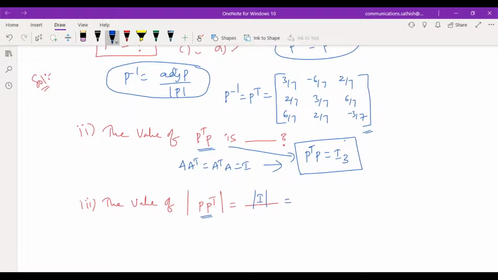The determinant of an identity matrix is nothing but 1 only. Remember your previous sessions: the determinant of an identity matrix is always equal to 1.